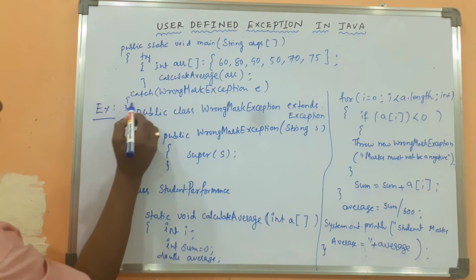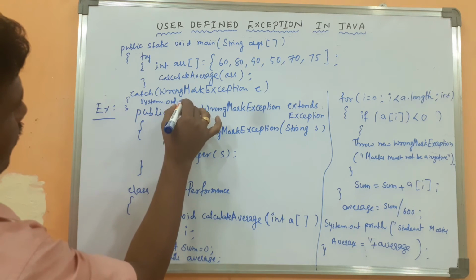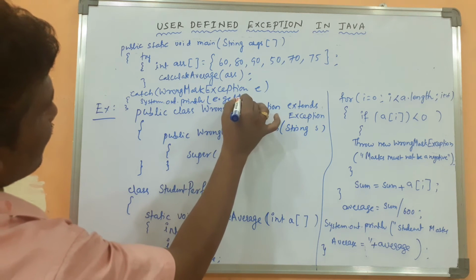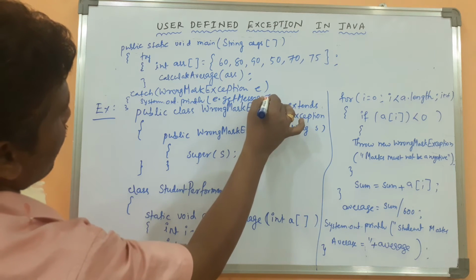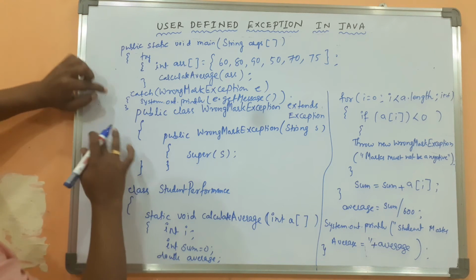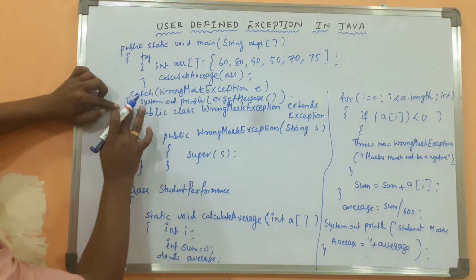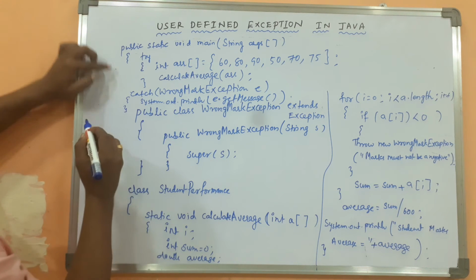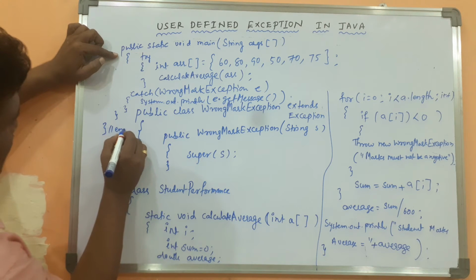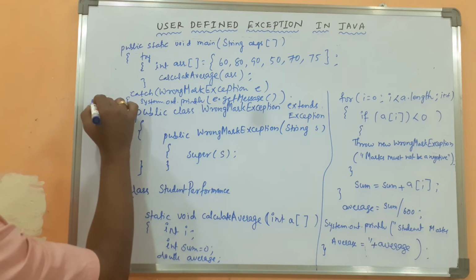Then here write System.out.println e.getMessage. Then catch will be closed, then try catch will be closed here. After that the main method will be closed, then the class ends here. This is the end of the main method.